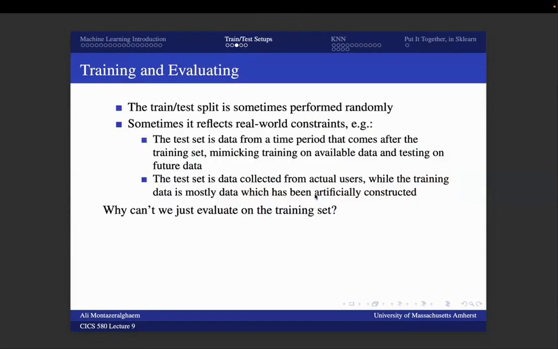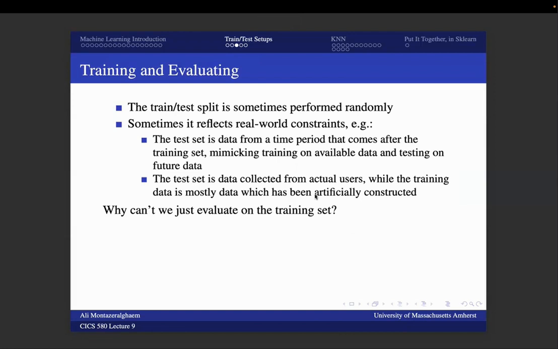The reason is that, consider that you have a model that is doing a perfect job on the training dataset, right?